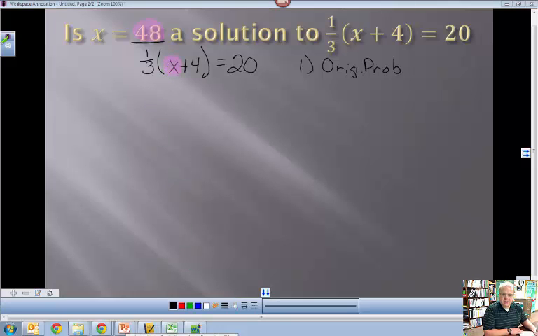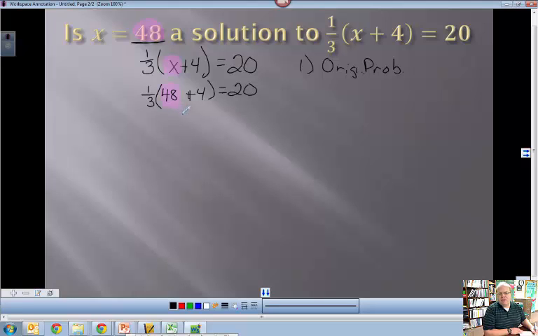So if I write this out, I'm going to go 1/3 times the quantity, my term is going to go right here, plus 4 equals 20. So 48 is going to go right there where I highlighted.